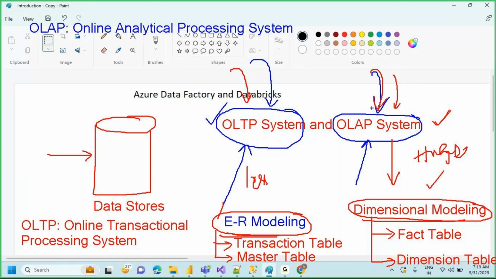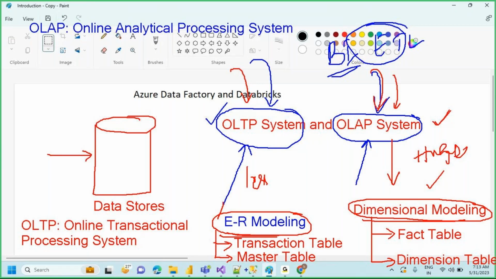But when it comes to the OLAP system, this can be accessed by business users, the people who are going to work in the BI side, the people who are going to work with ETL, and the direct business users, stakeholders, they can access this particular system. And you will be having very few users for this system when you compare with the OLTP system. For OLTP, millions of users are going to be there. Okay, so these are the main differences between these two systems.